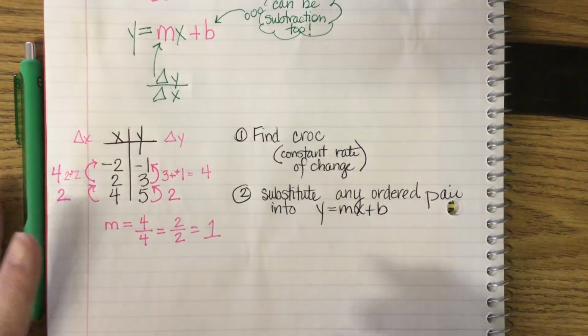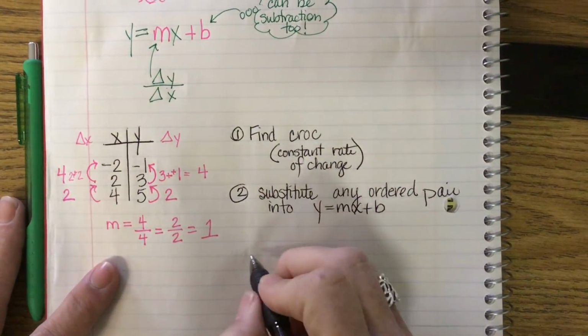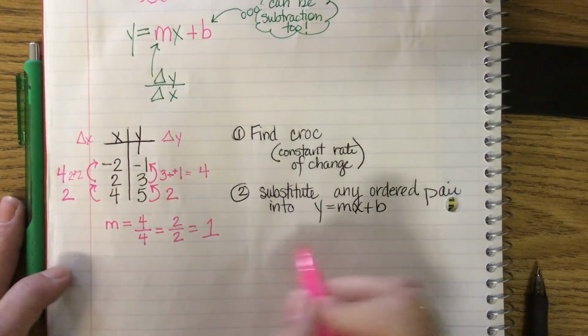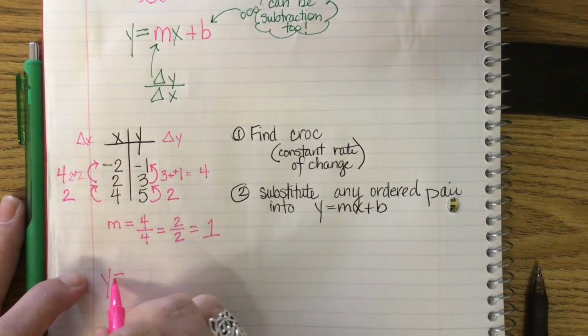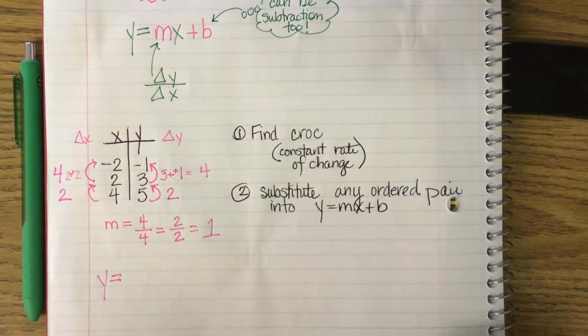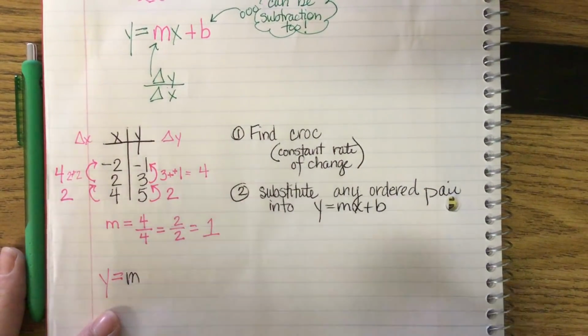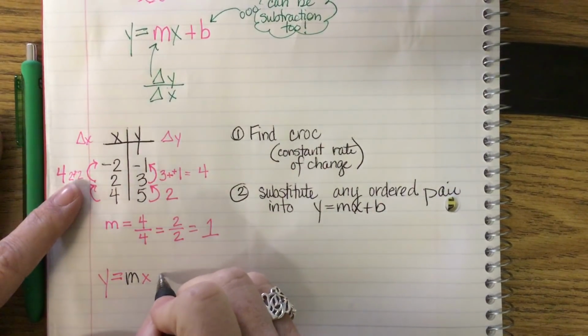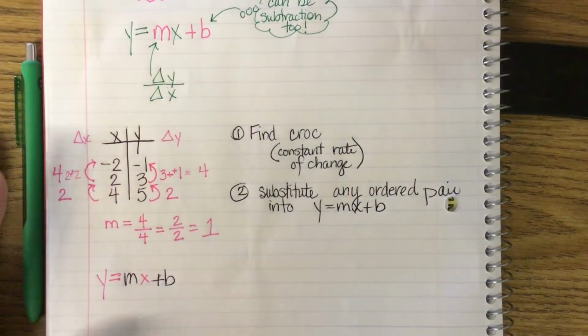So in other words, we'll start over here. y equals mx. My pen just went flying. There's a lot going on. Sorry, guys.